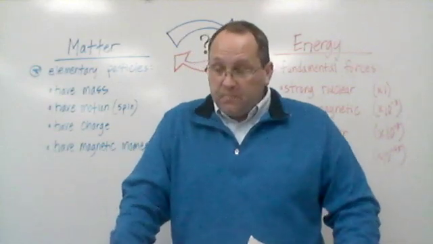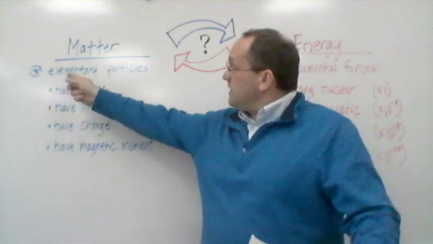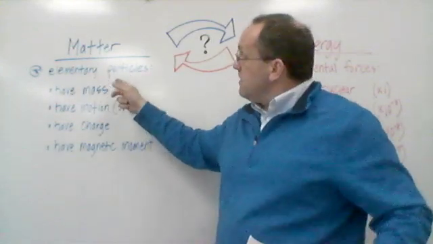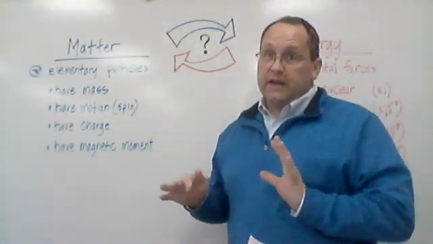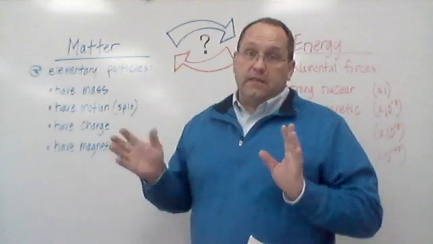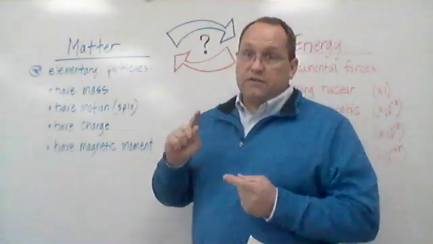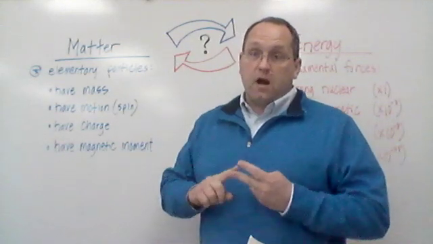So for matter, if you remember back to our study of elementary particles, that's what we have up here. We said there are four characteristics of elementary particles. Those are the particles that are smaller than the atomic level, the things that protons and neutrons are made of.